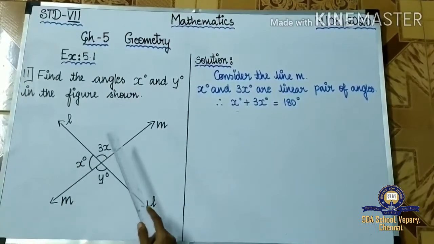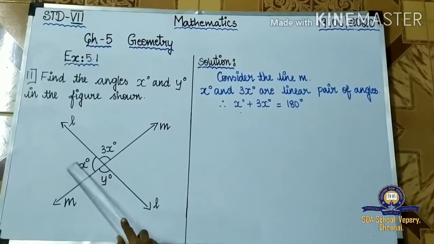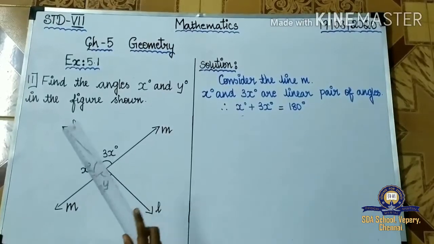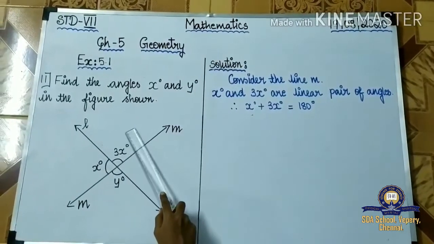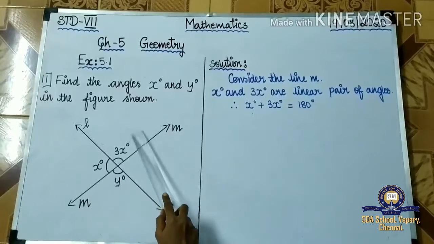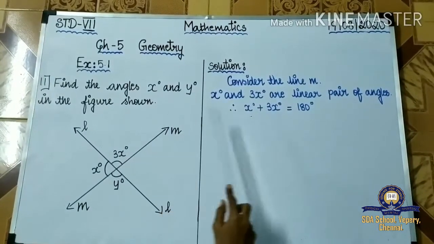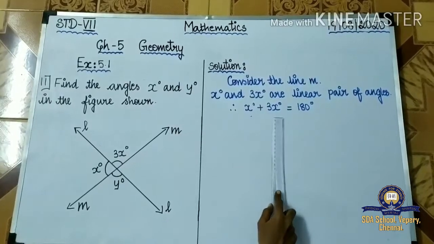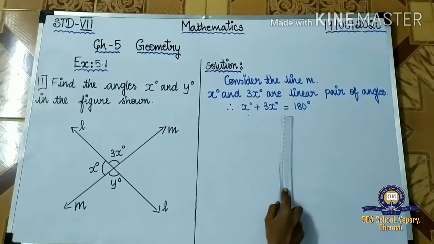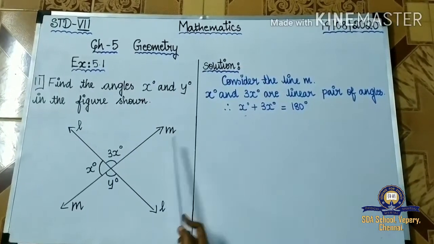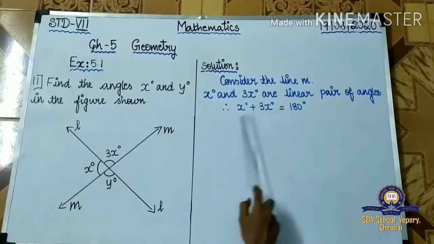See, in the previous class we have learned that the linear pair definition is that the sum of the two adjacent angles is 180 degree. So the two adjacent angles are x degree plus 3x degree equal to 180 degree. Shall we add now?